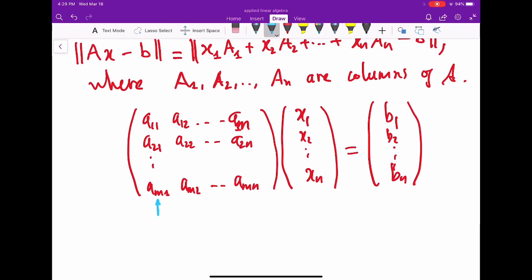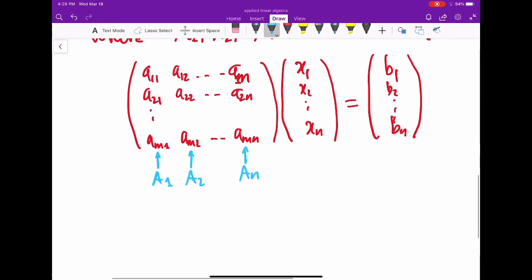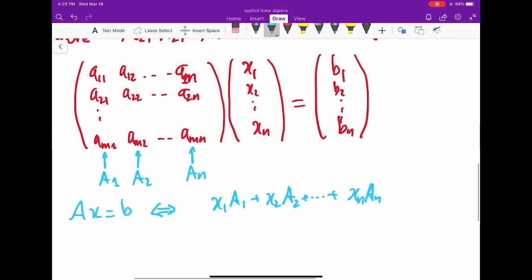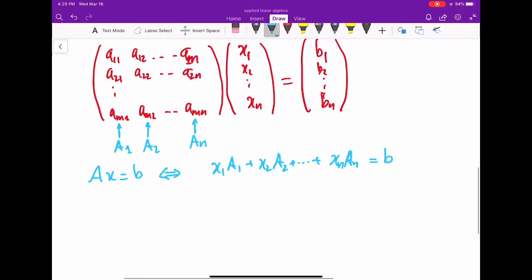We denote this by the column A1, the column A2, the column An. So when you rewrite the system Ax equal to b, that will look like x1 A1 plus x2 A2, and so on, plus xn An equal to b.